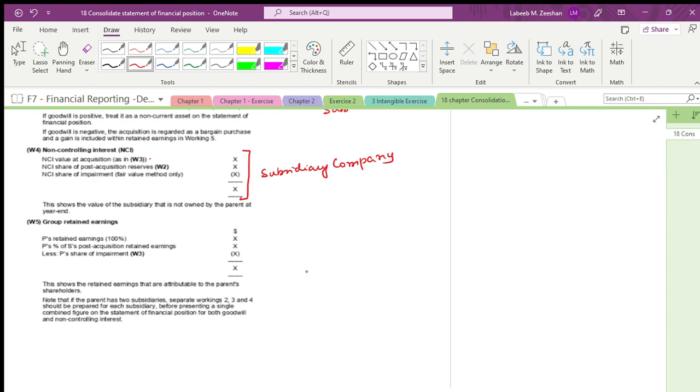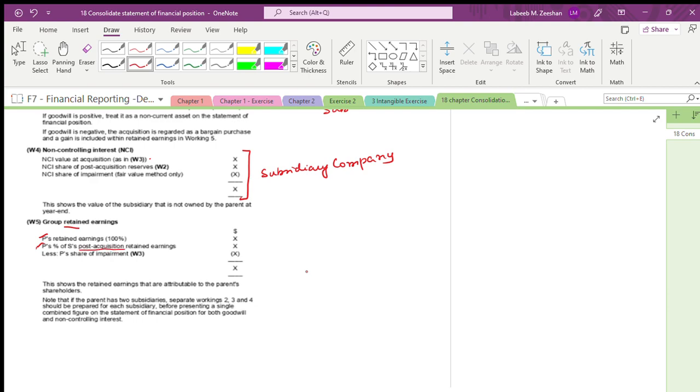The fifth one is that we combine the retained earnings. We are combining the parent company retained earnings and the parent's percentage of post-acquisition profits.